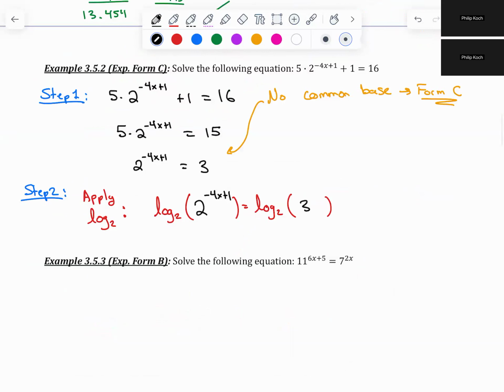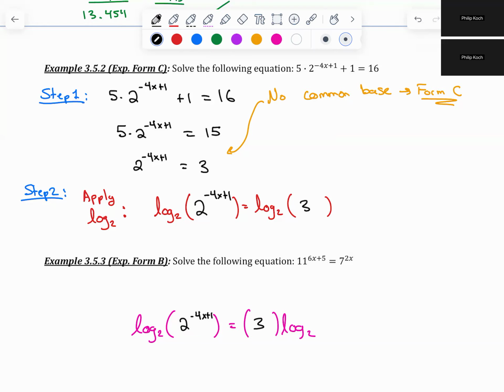Don't write down what I'm writing down because this is incorrect. John Doe student does that. And the problem is that John Doe student wrote something that's not correct.